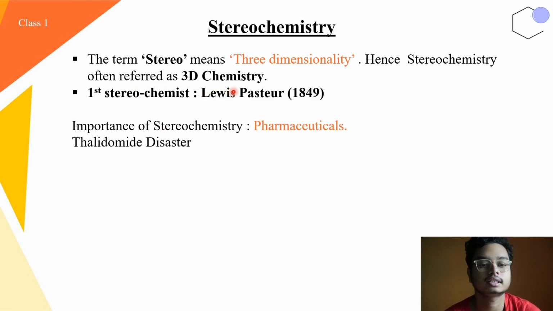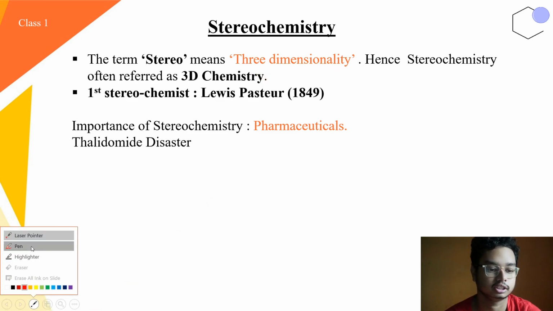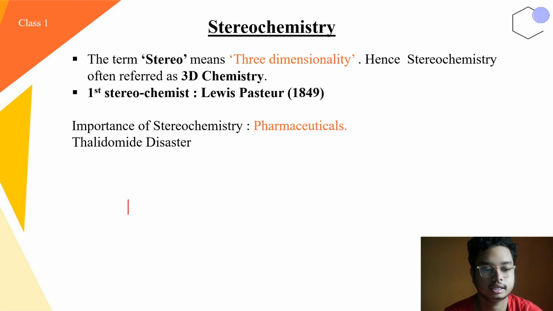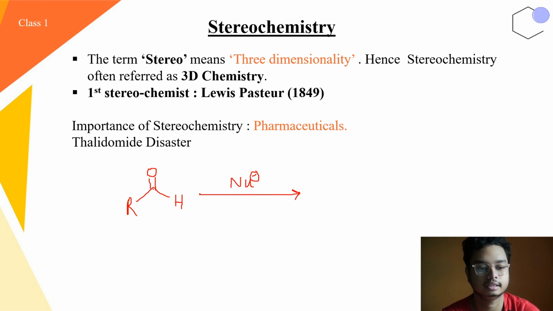So first, let us analyze why it is called 3D chemistry with a simple reaction. Let us take a carbonyl group here, of this type, and it will react with a nucleophile at the carbonyl center, that is this center, because this center is the electropositive center.